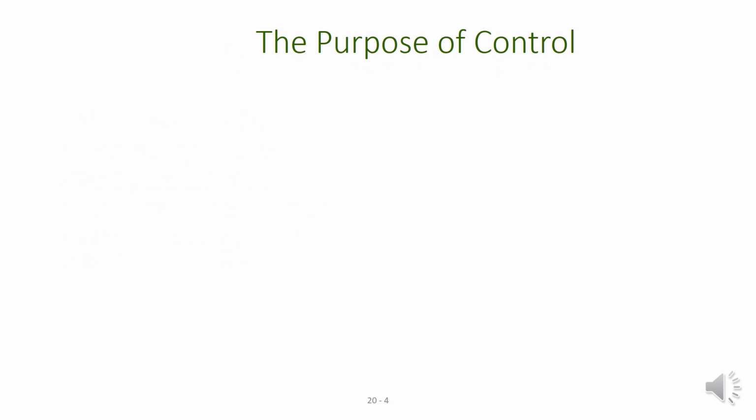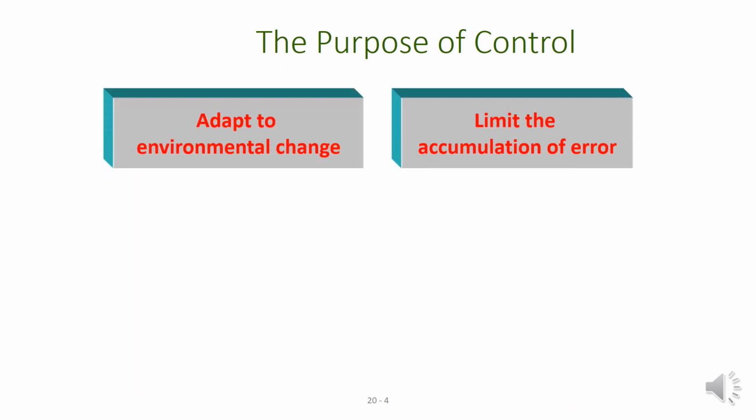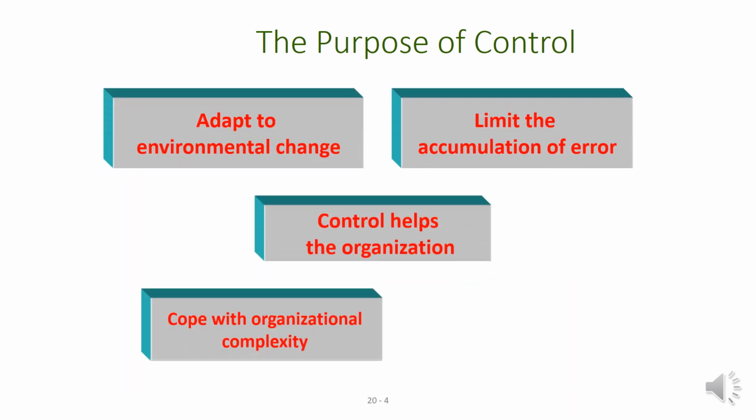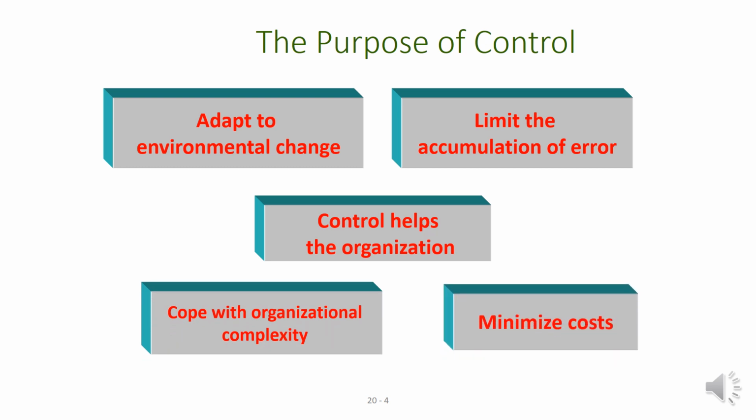Next, the purpose of control. You will consider the purpose of control as five purposes. One is to adapt to environment change. According to the environment change, you have to go for a control action. Next, you have to check whether you have any error or not.